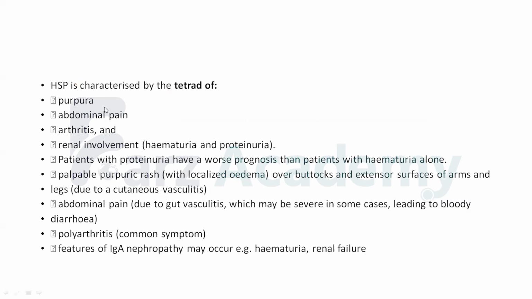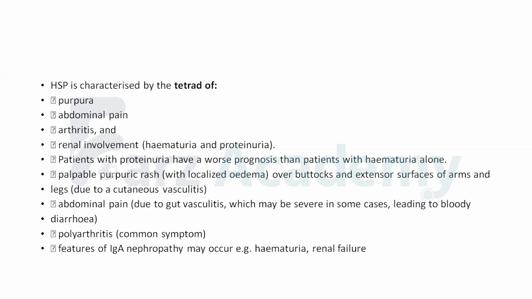So HSP is characterized by a tetrad of purpura, abdominal pain, arthritis, and renal involvement. The patient has hematuria and proteinuria. Patients with proteinuria have a worse prognosis than patients with hematuria alone.